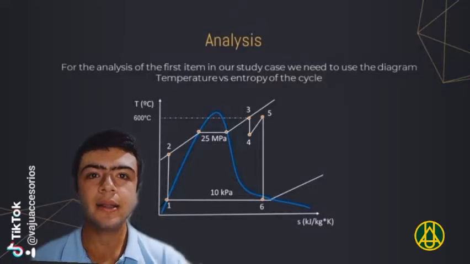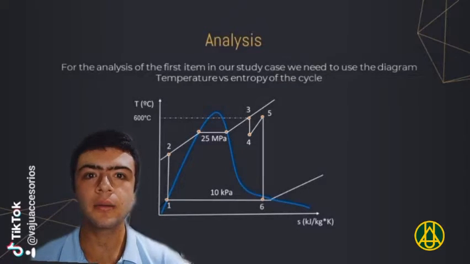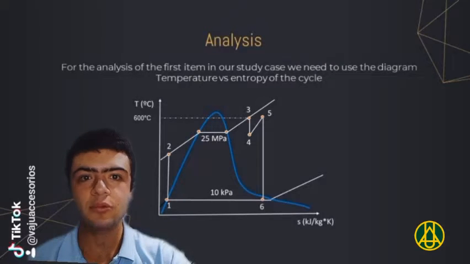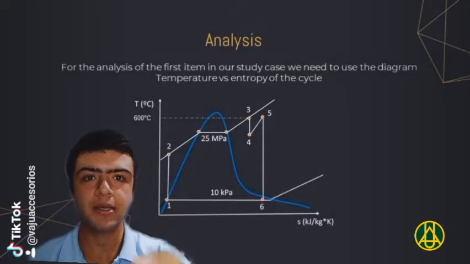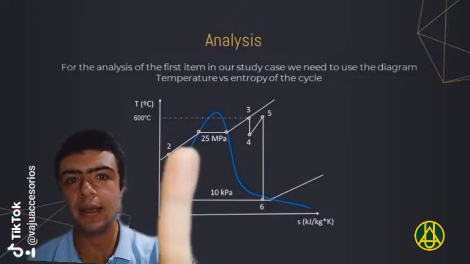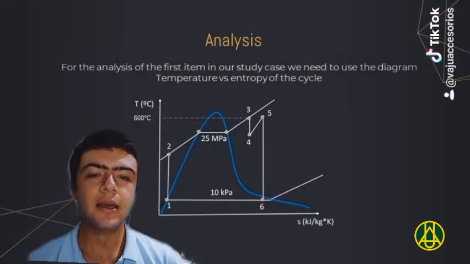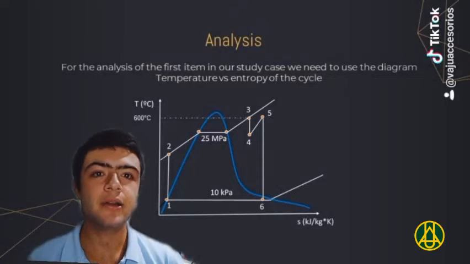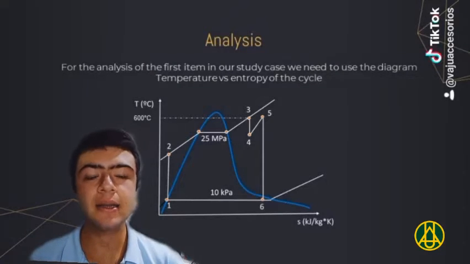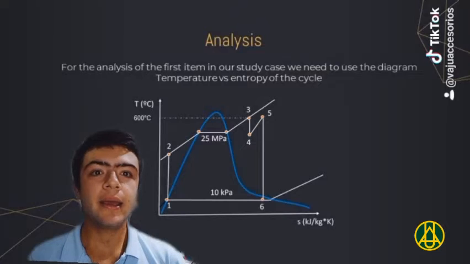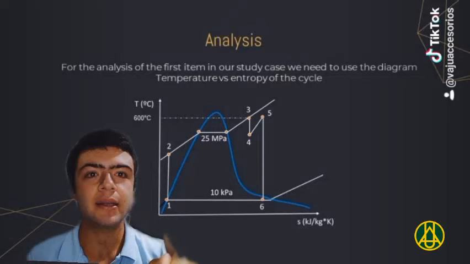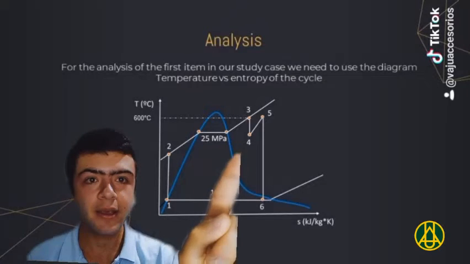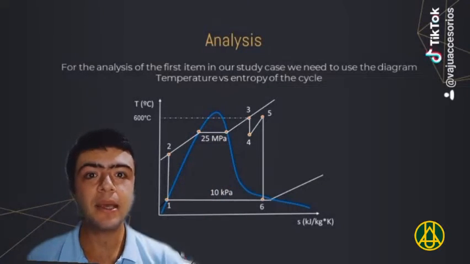So in this diagram we will see the maximum temperature of the cycle, that is 600 centigrades here, and we can watch the two pressures known, that are 25 megapascals and 10 kilopascals. Okay, we need to find the pressure that is in the state 5 here, that is the same in the state 4.